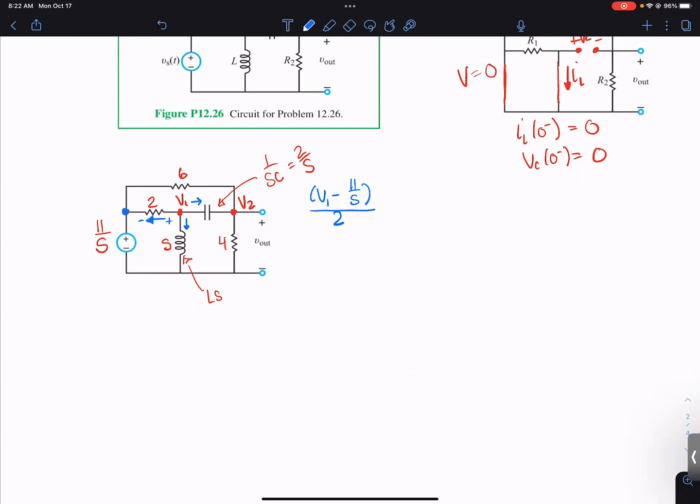Okay. All right. The one going down through the S is going to be what? Okay. What's this node here? It's going to be ground. So if you don't see it, make sure to put in ground. So that would be my V1 minus 0 over S. And then the one going through the capacitor.